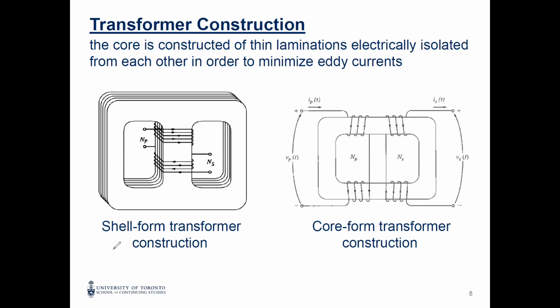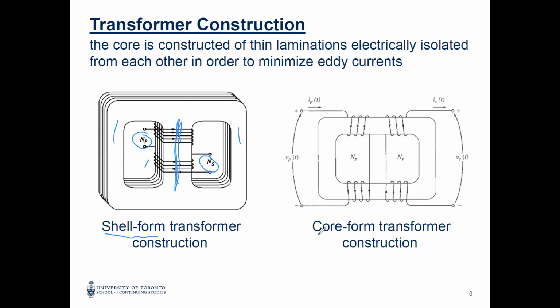What is the shell form? This is the shell form. You have three legs, with both the primary and secondary winding at the middle leg of the transformer.